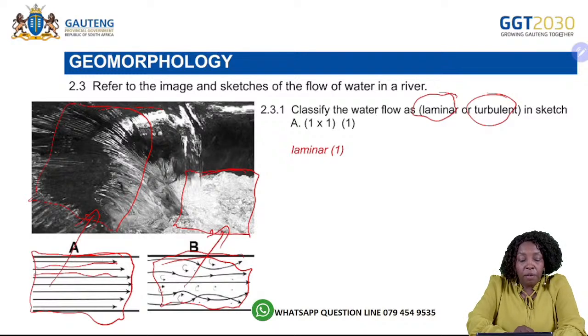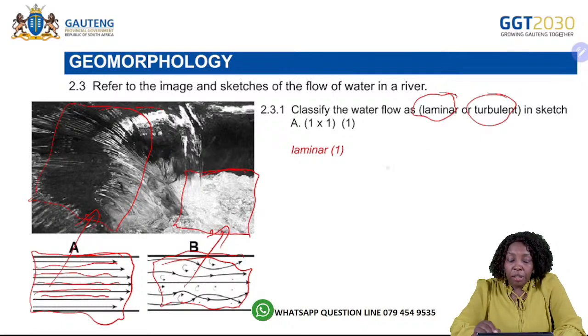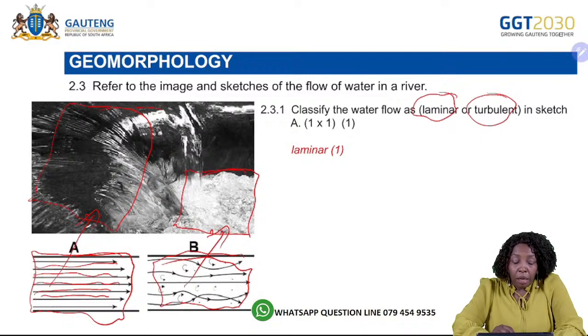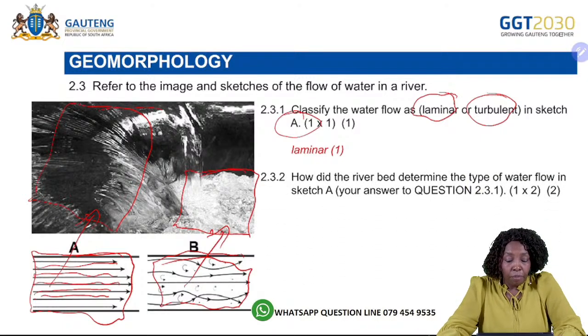Even the arrows are trying to guide you here. So classify the water flow as laminar or turbulent. This one we say is turbulent flow, and this one we say is laminar flow. So sketch A is a representation of a laminar flow because we can see that the water is flowing smoothly in sheets there.